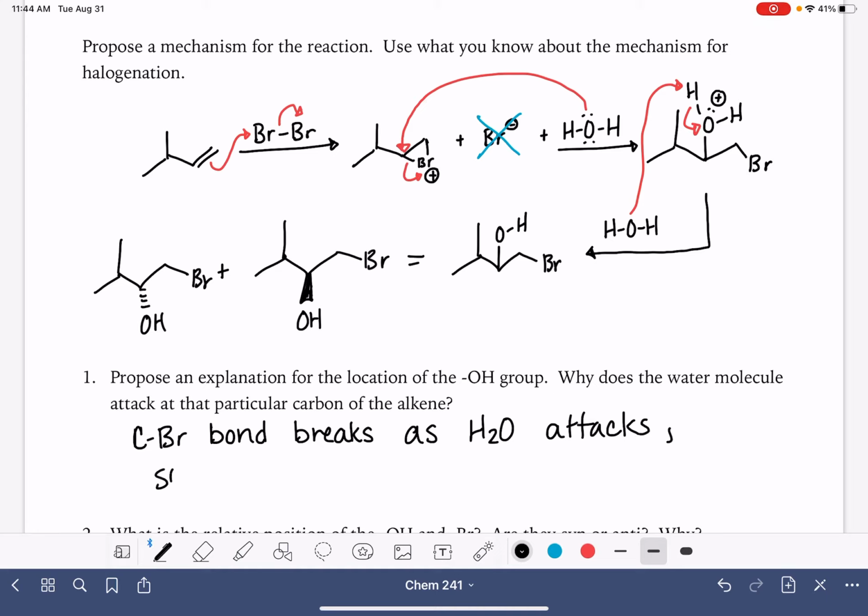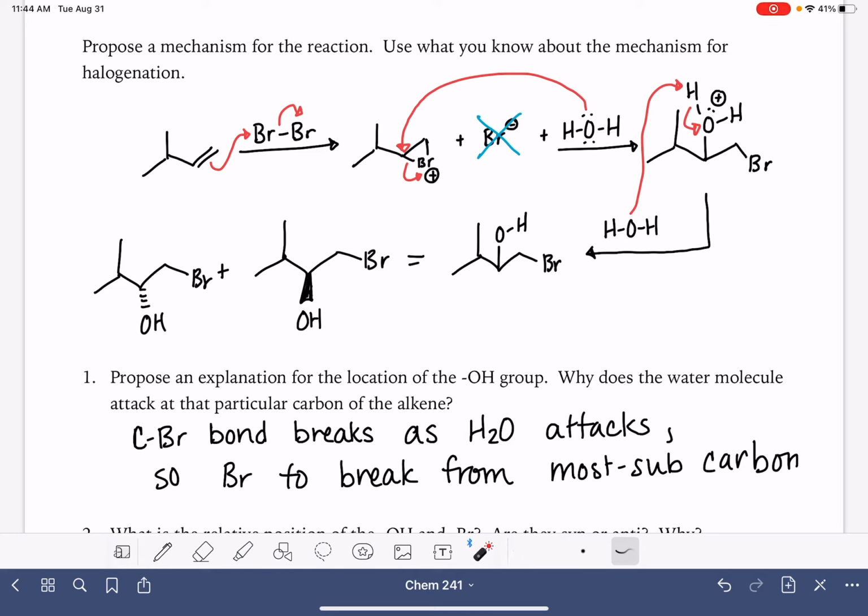So we want the bromine to break from the most substituted carbon. It is important to point out that this is not an SN1-like reaction. We don't break that carbon-bromine bond for long enough for a positively charged carbon to result. No carbocation rearrangement takes place.